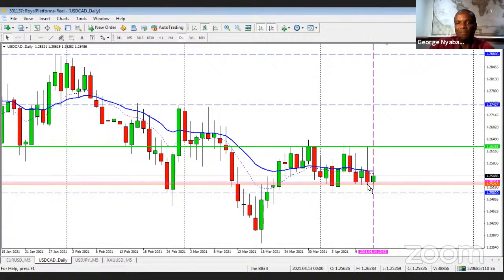If the bears are able to close beneath this, then they really have to have momentum to carry on to close beneath here. On a 5-minute time frame, if the bears close beneath here, by the time they get to this level, you would have made decent enough money. There could have been a decent trend for you to trade, or whatever patterns are set up. So let's keep a look at that and see what we get.